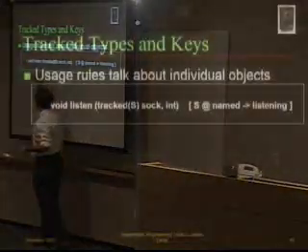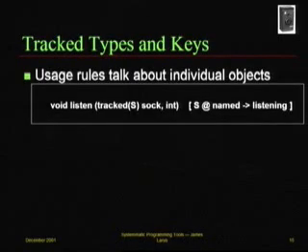So let me talk a little bit about some concrete examples. Here is the listen operation from the sockets interface, and this is the way we would write it using the Vault notation. So here we have a socket and an integer; listen returns void. We've now added some Vault annotations. This says this is a tracked type.